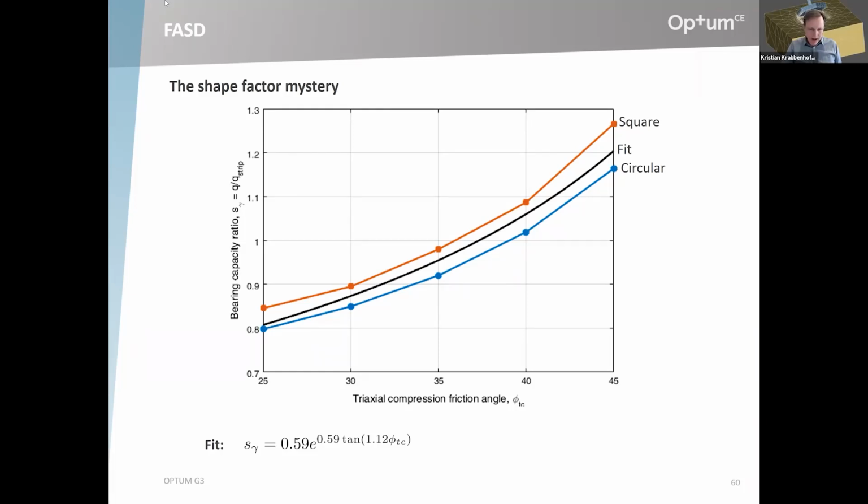Have we tried the FAST model for back analysis of full-scale bearing capacity failures? We haven't done that, no, and it would be interesting to do.